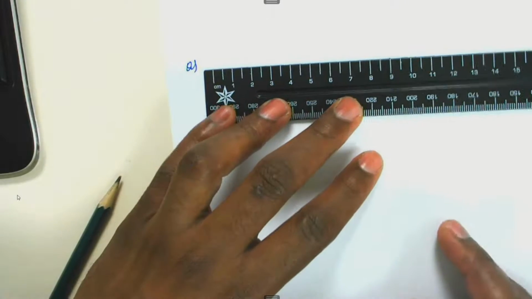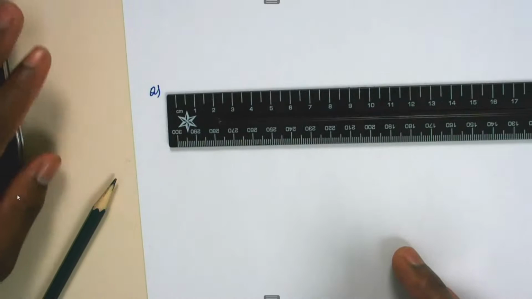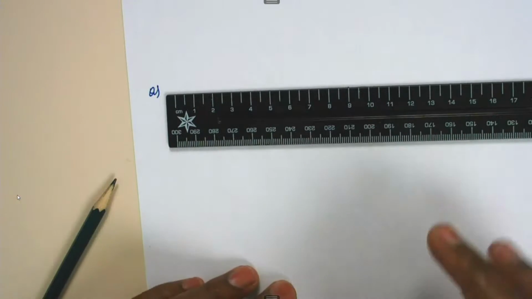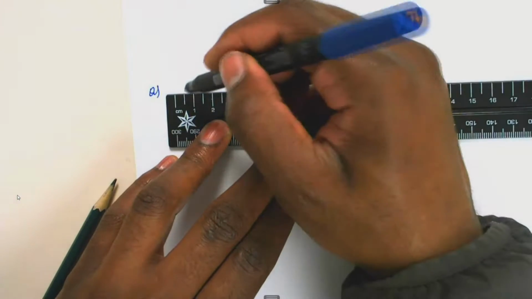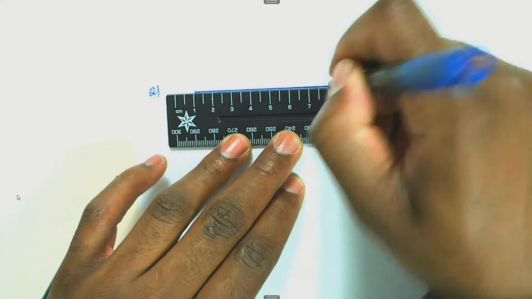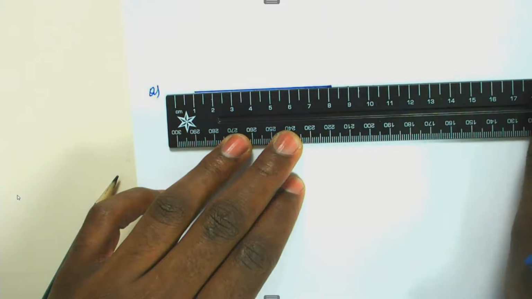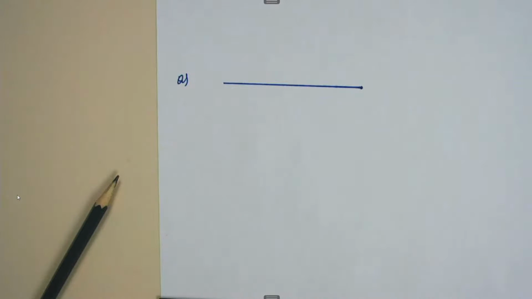Focusing on number A here, I draw my line, maybe from 1 centimeter to 8 centimeters, not from 0. Then I will take my protractor, because it's a right-angled isosceles triangle.